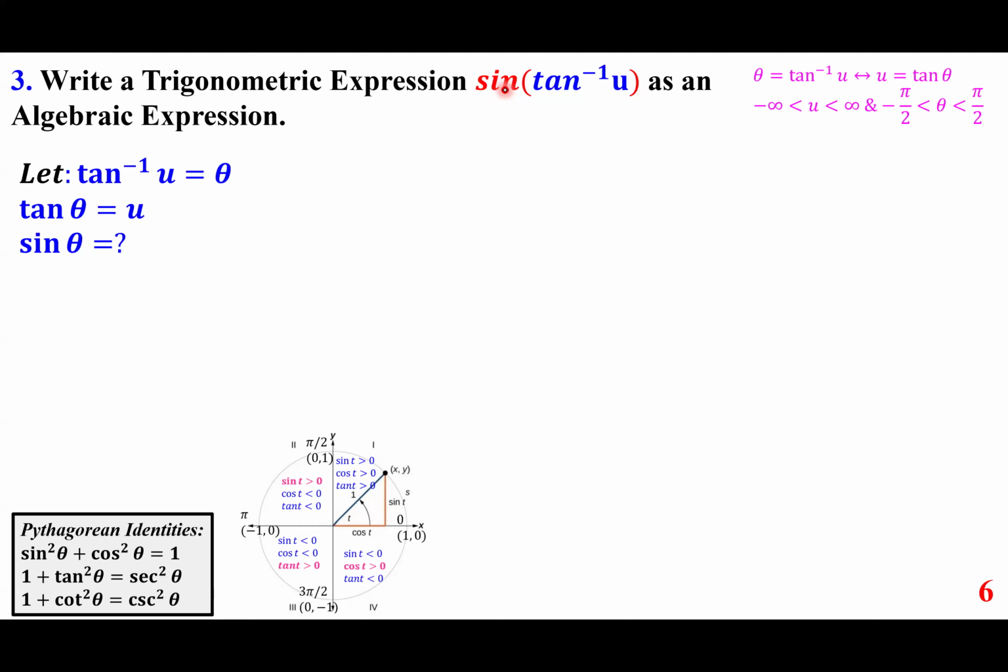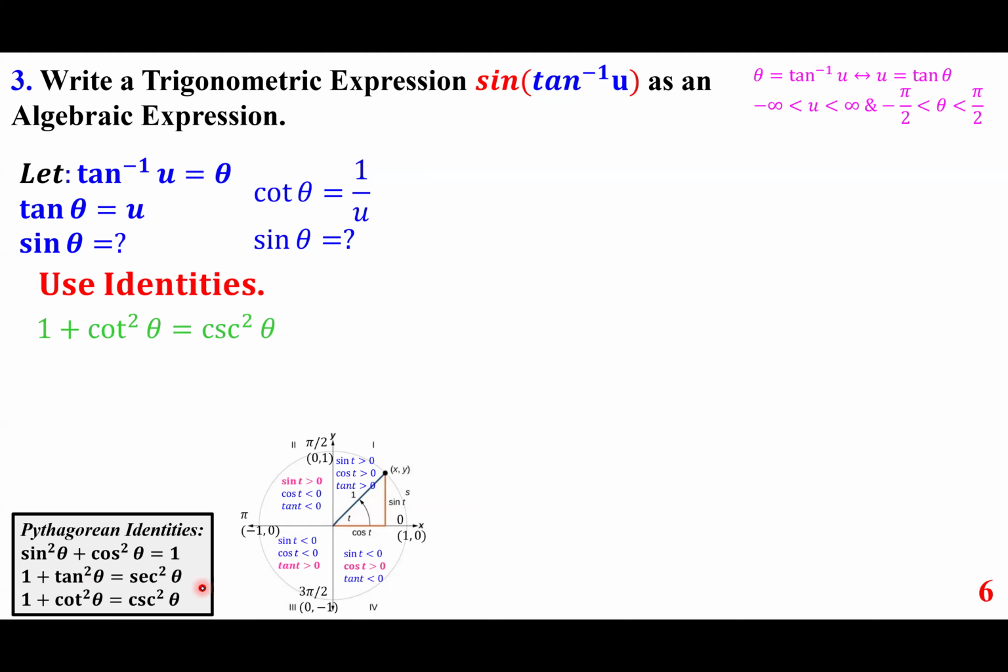Well, because tangent is u, cotangent must be the reciprocal, 1 over u. And we can use 1 plus cotangent squared equals cosecant squared to get to cosecant, and cosecant gives us the sine.